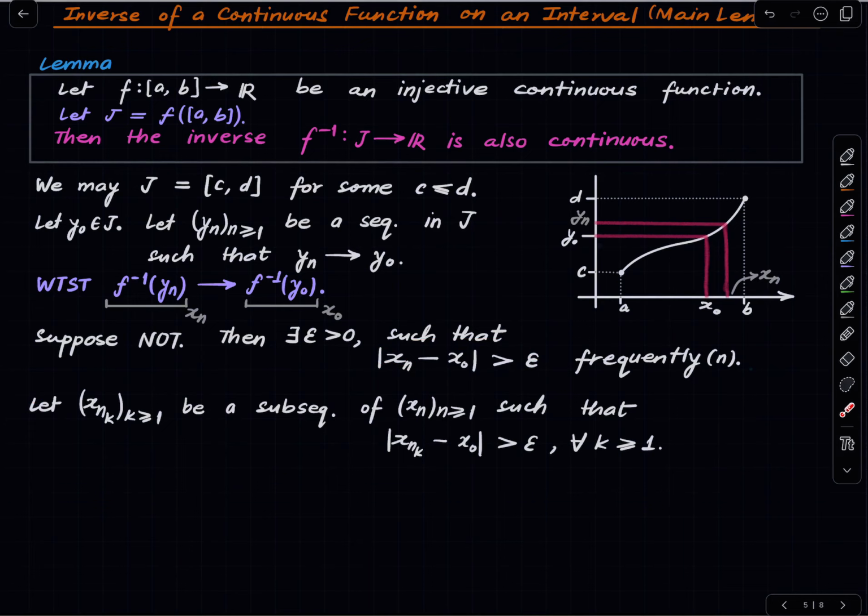And here is one more thing that I want to write. I could extract a further subsequence, but here I want to say that x_{n_k} is convergent. Why can I write this further thing? Because I would extract a further subsequence of it which converges. Every bounded sequence has a convergent subsequence.